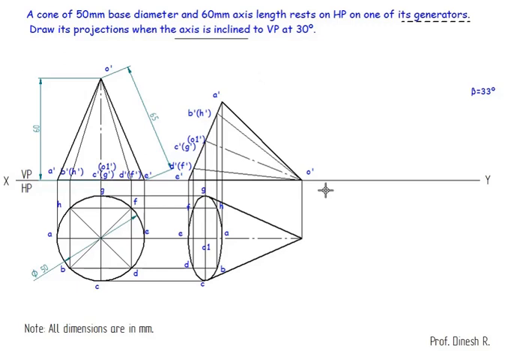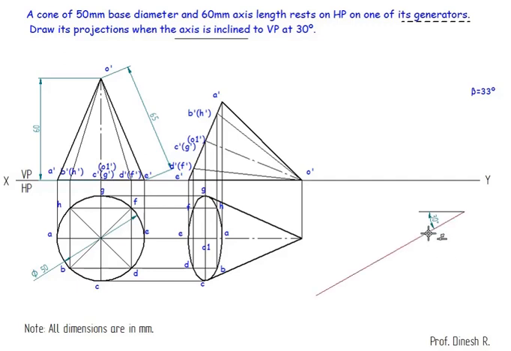So first thing is I need to draw a 30 degrees line. You can keep it anywhere. Just draw these lines. Now from here to here it is 30 degrees. Now you know how to draw the circular lamina. First draw the circular lamina. After drawing the 30 degrees line, I need to cut an arc.